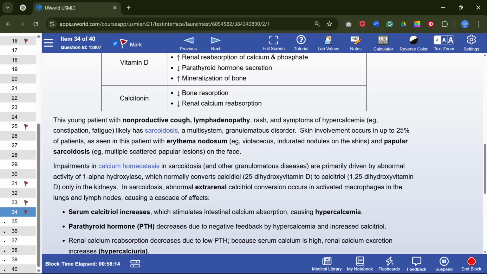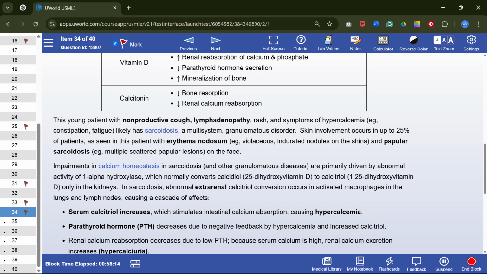In sarcoidosis, abnormal extrarenal calcitriol elevation occurs in activated macrophages in lungs and lymph nodes, causing a cascade of effects. Serum calcitriol increases, which stimulates intestinal calcium absorption, causing hypercalcemia.